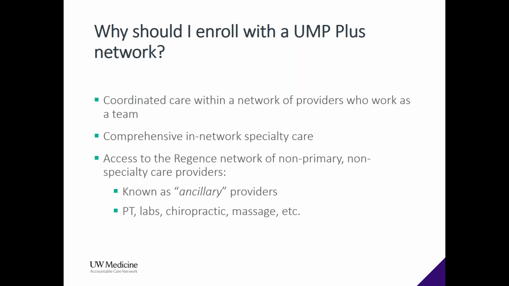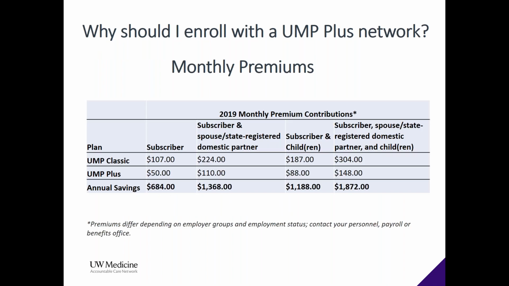Also, when you travel and have an urgent medical need, you have the same access as in Classic to the International Regents Blue Shield network. But a note here that only emergency or urgent care are covered at the network rate outside the U.S. Most notably, and once again, many find the UMP Plus premiums and contributions to be extremely enticing.